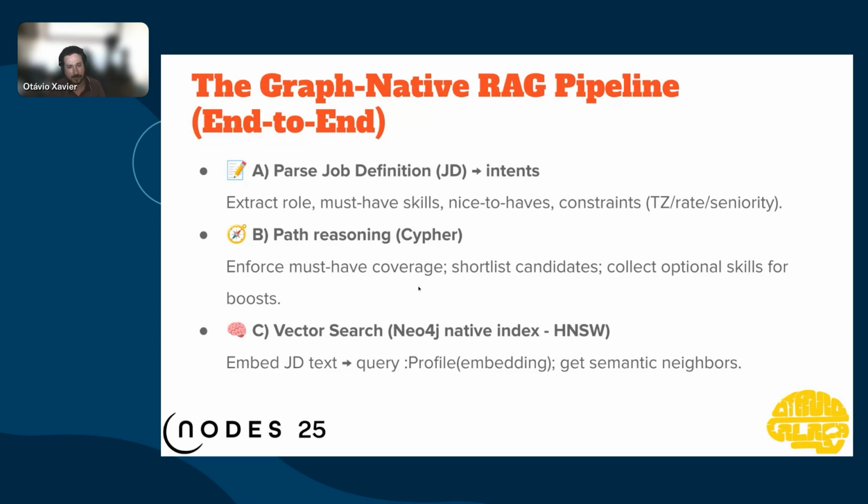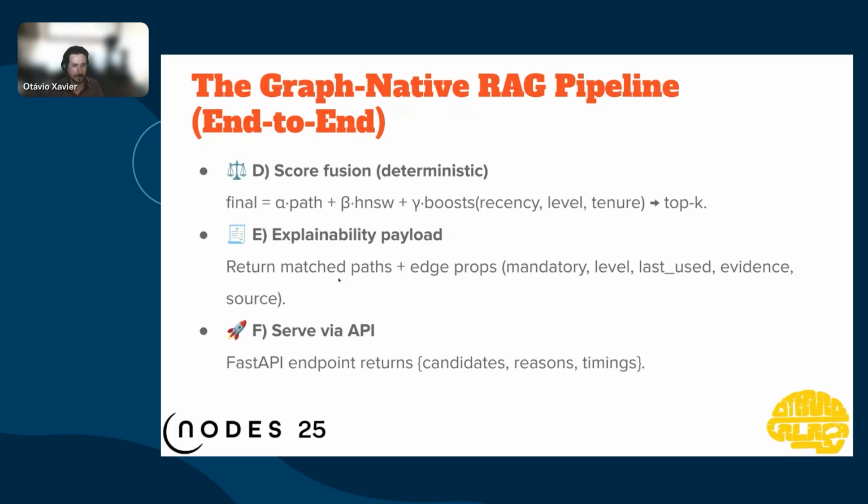So we create a Cypher query based on what we extracted from the job definition. After that, we do the vector search. This vector search is basically using the embeddings of the question or of the job definition and the embeddings of the textual representation of the profiles or of what we want to search by.